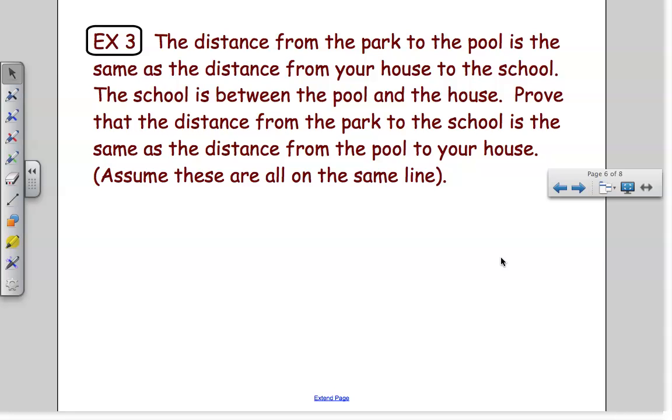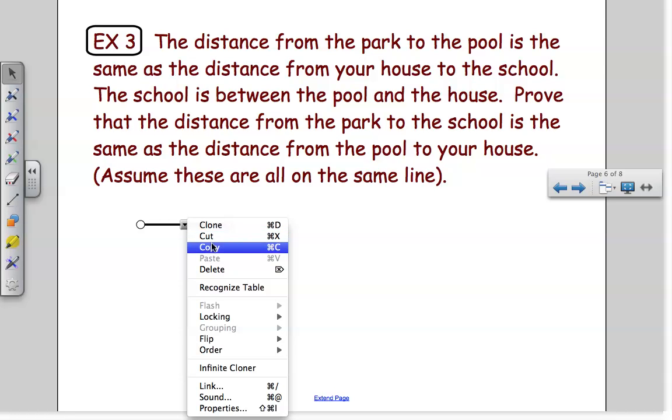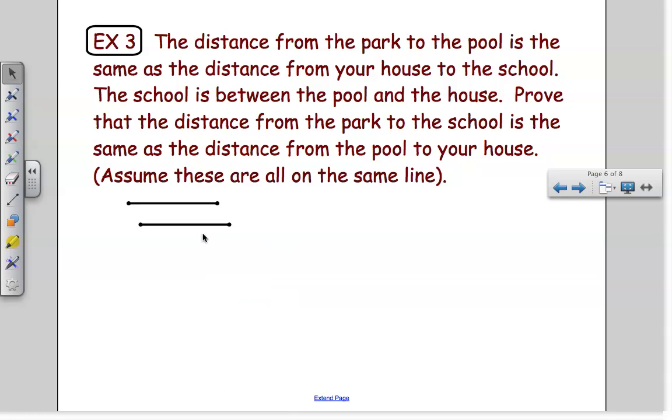Wow, that got a little bit complex. I might start out, remember it said the distance from park to pool is the same as the distance from your house to the school? I know I'm gonna need a picture. So I knew there are 2 congruent lengths. So I'm just gonna copy and paste real quick here and label these.